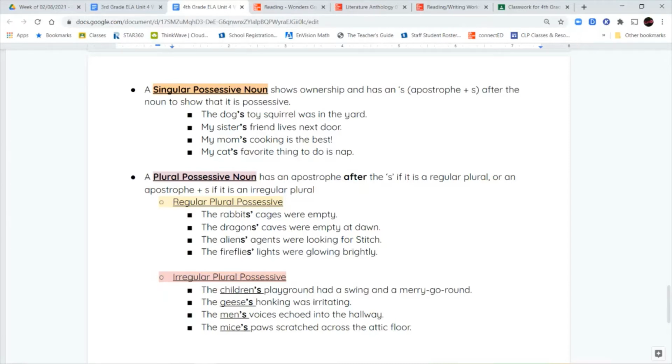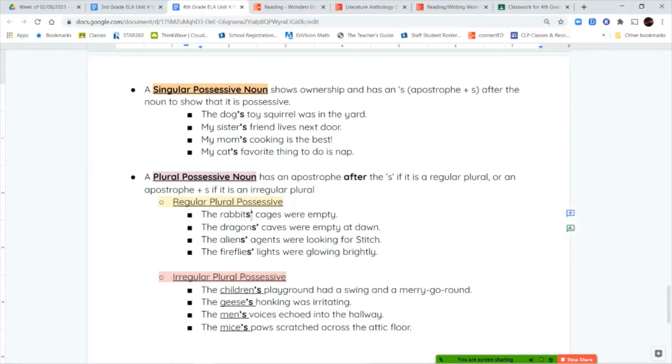Irregular plural is like man becomes men, or mouse becomes mice, or tooth becomes teeth. Those are irregular. You don't just throw an S on the end of it. So for a regular plural to become a possessive, you just put an apostrophe after that S because the S is already there. So you throw an apostrophe on right after it.